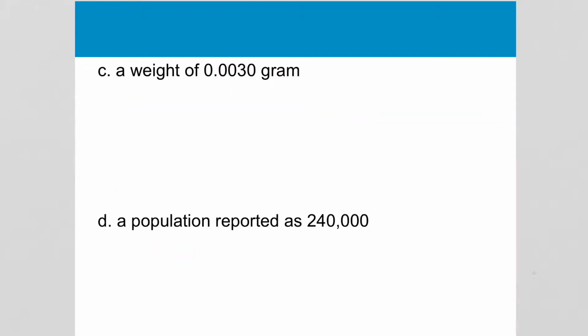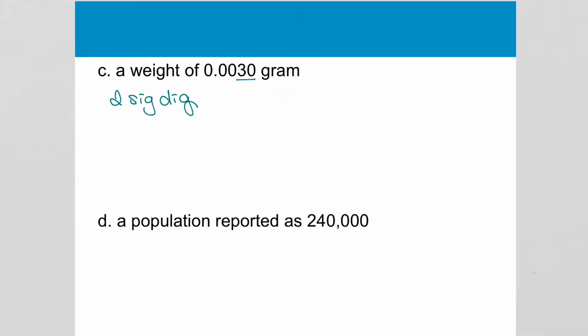What about a weight of 0.0030 of a gram? I have to stop and think about it. That is, again, 2 significant digits, because the zeros before the 3 don't count, but the one after does.